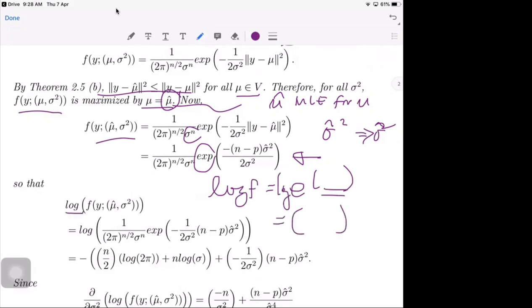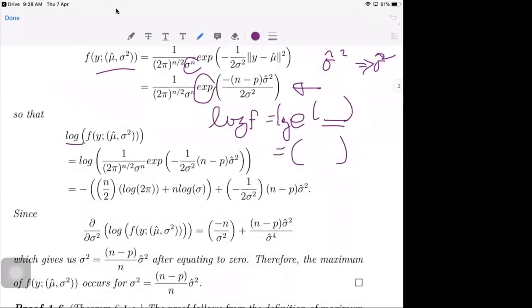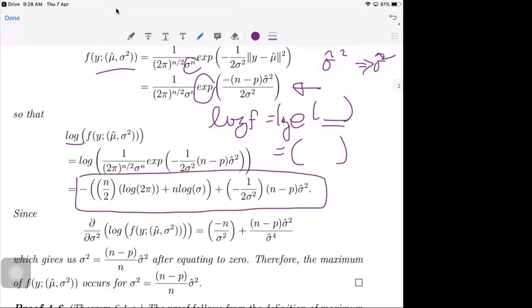So if you get the log of the density, that is equal to the log of the e to the something, which is just equal to this term.